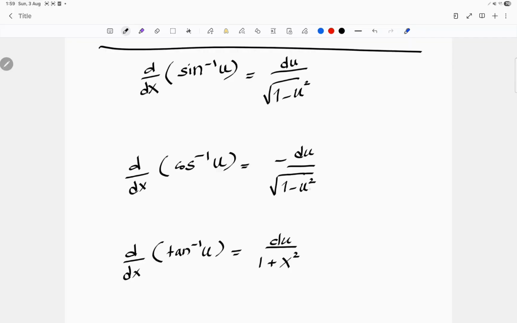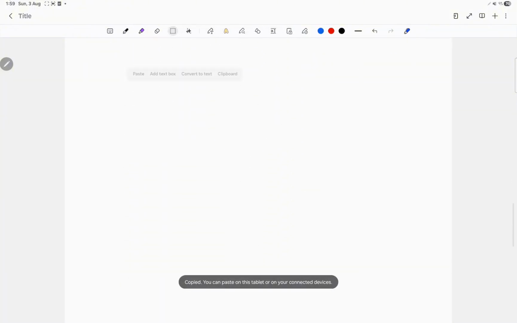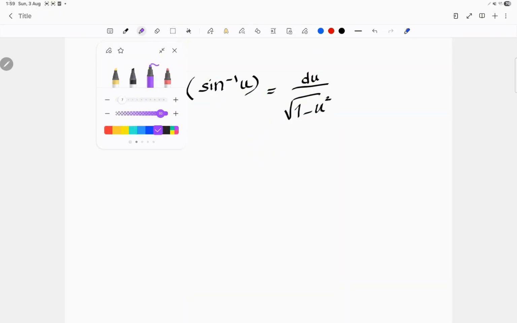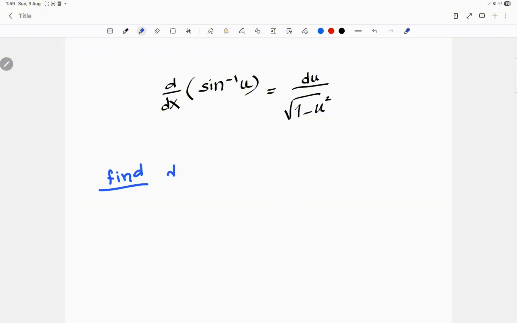Now, looking at the equation of the inverse sine, I'm going to ask you to find the derivative of the inverse sine of x squared. Would you know how? Okay. So what is the derivative of the x squared? 2x.